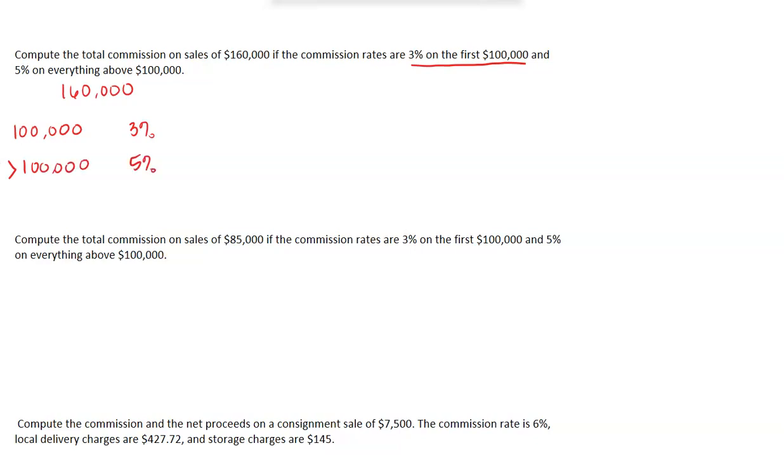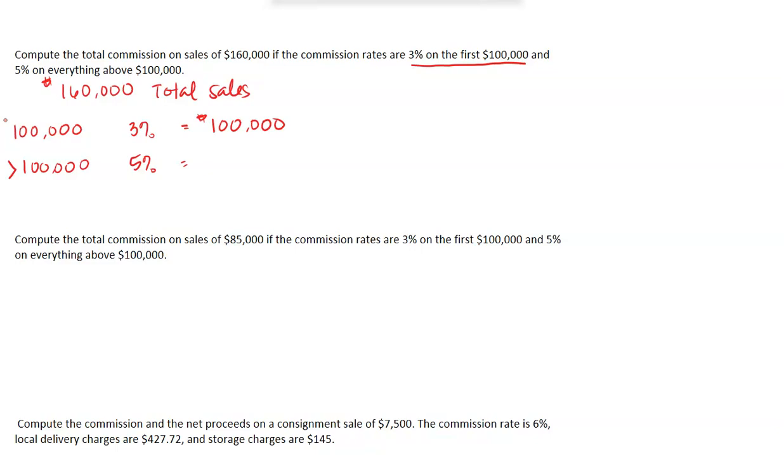Okay, so this doesn't mean that just because there were total sales of $160,000 that they're automatically going to get 5% of $160,000. The way this works is that only the first $100,000 of their total sales will get that 3%. So I'm going to write $100,000 because obviously they made more than $100,000.